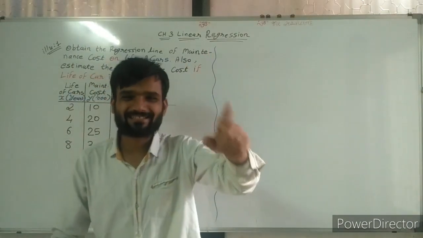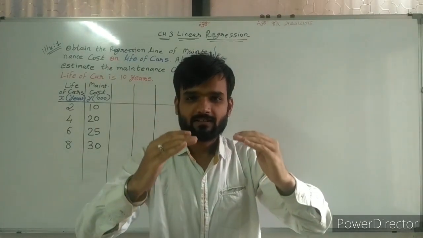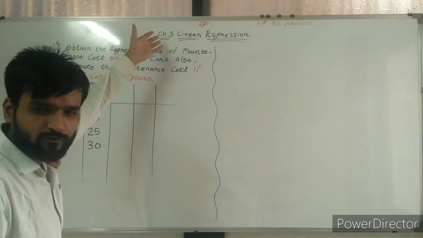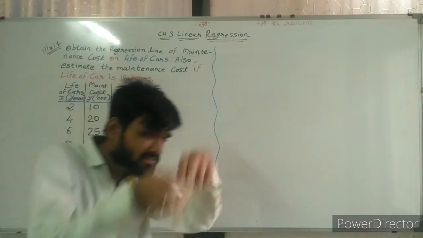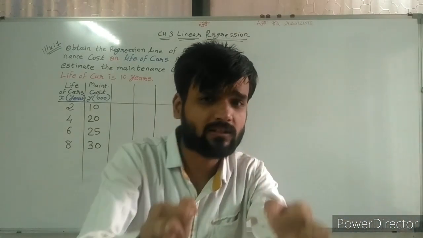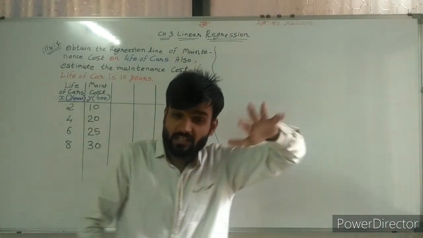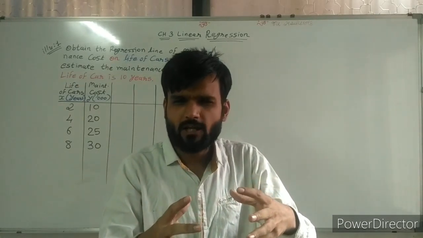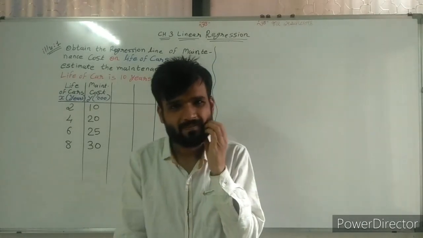Hello students, today we are continuing with the sums of chapter number 3, linear regression. In the last lecture we only did the formula, and in that formula, what is the important one that we are going to learn today?